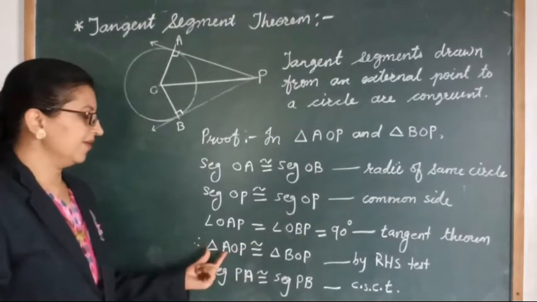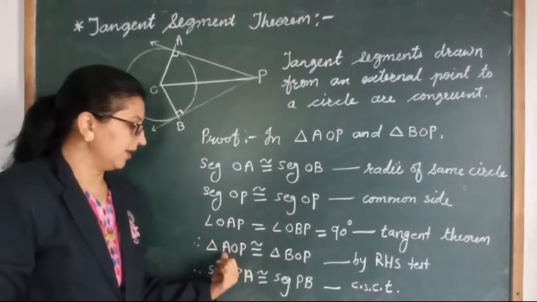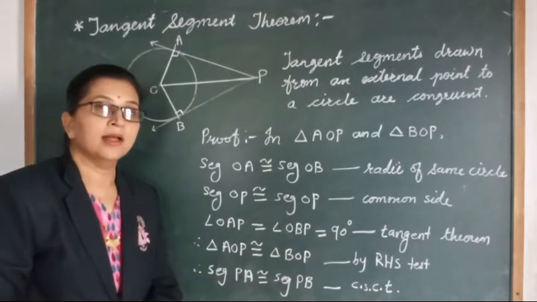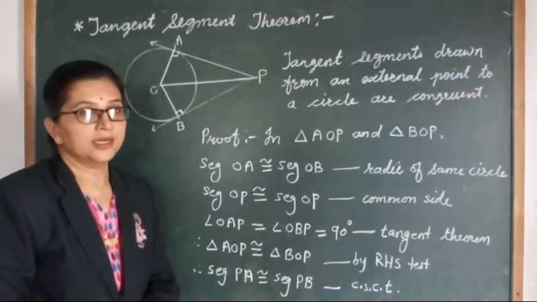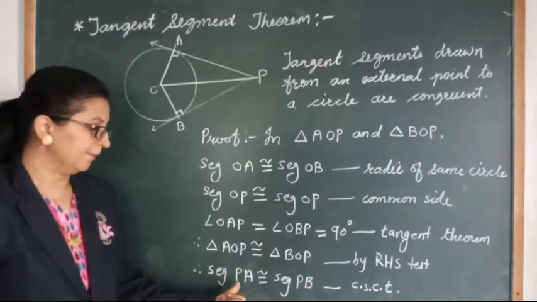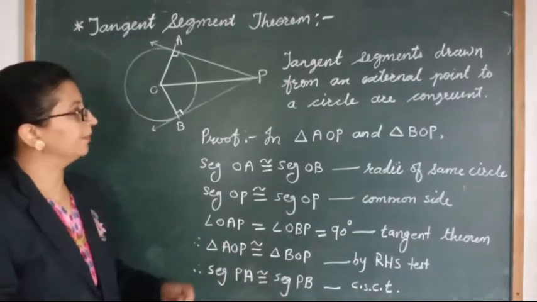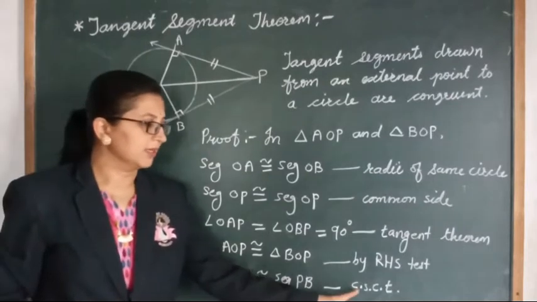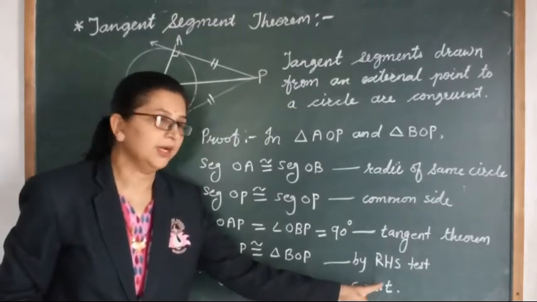So we can prove that triangle AOP is congruent to triangle BOP by the right angle hypotenuse side test. Therefore segment PA is congruent to segment PB, as corresponding sides of congruent triangles.